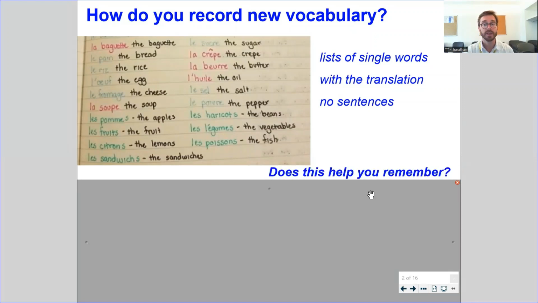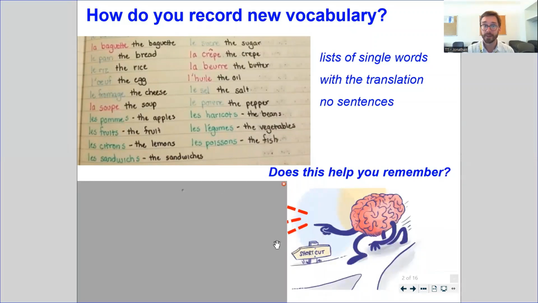Now, the question is, does this help you remember? And unfortunately, for most people, the answer is no. And the answer is no because our brains are designed to be efficient, quick, and they do that by always choosing the easiest option.